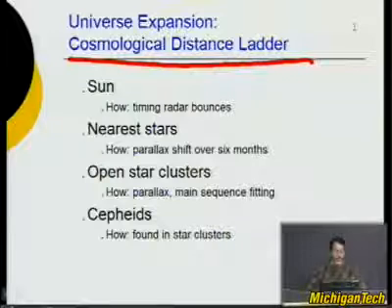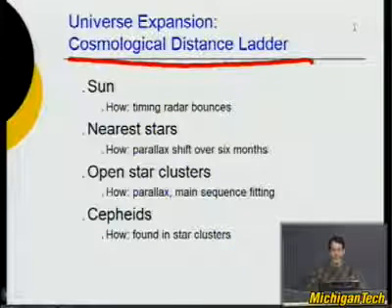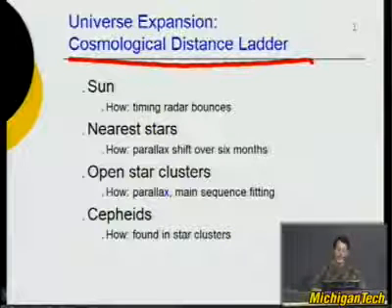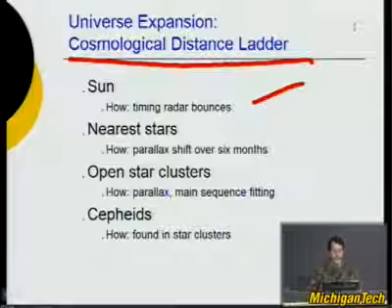For instance, we can determine the distance to the sun any number of ways. One good way is you can bounce radar off the sun. You give a radar pulse, it bounces off the sun and comes back, you can time how long it takes, and you've gotten essentially one of the lowest rungs on the cosmological distance ladder.